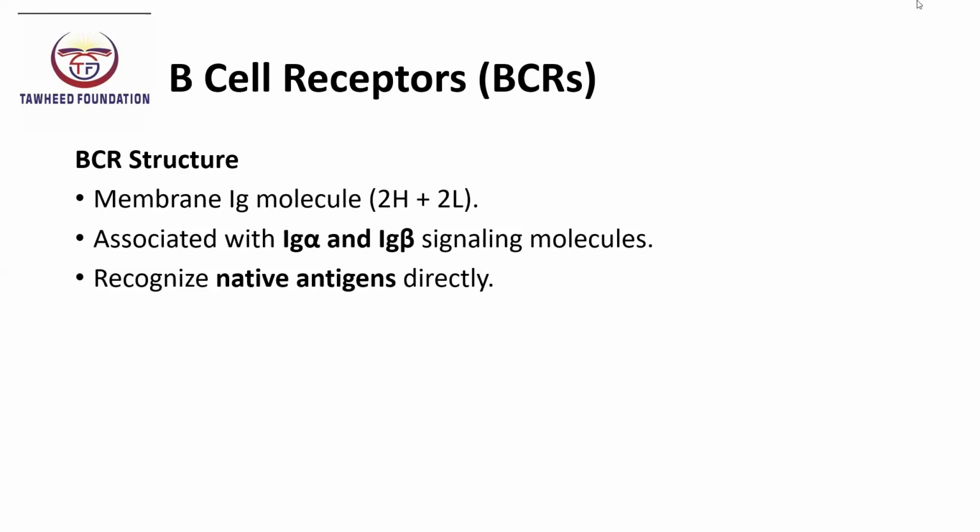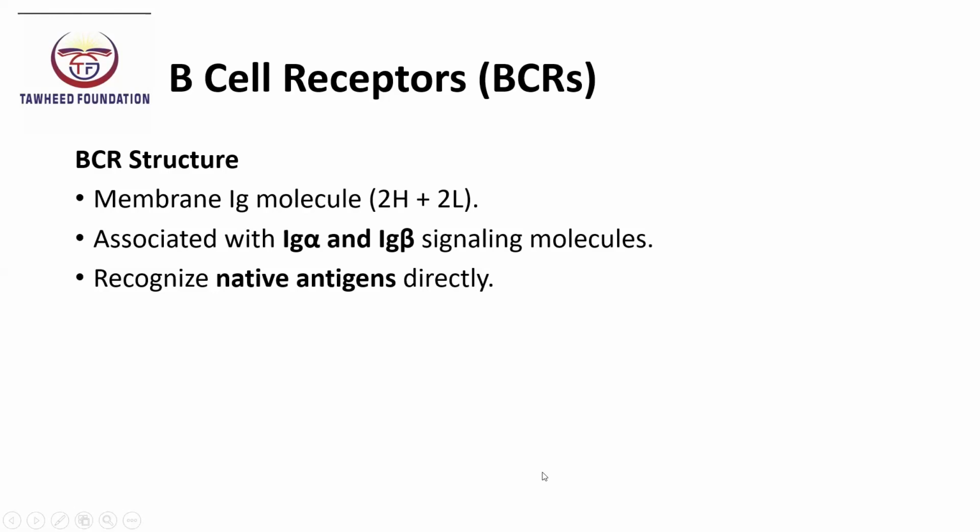So B cells recognize antigen through the B cell receptors, which are essentially membrane-bound immunoglobulins. BCRs are not sufficient by themselves to transmit activation signals. They are associated with Ig alpha and Ig beta, two transmembrane signaling molecules. When the BCR binds an antigen, Ig alpha and Ig beta transmit signals into the cell, leading to B cell activation.